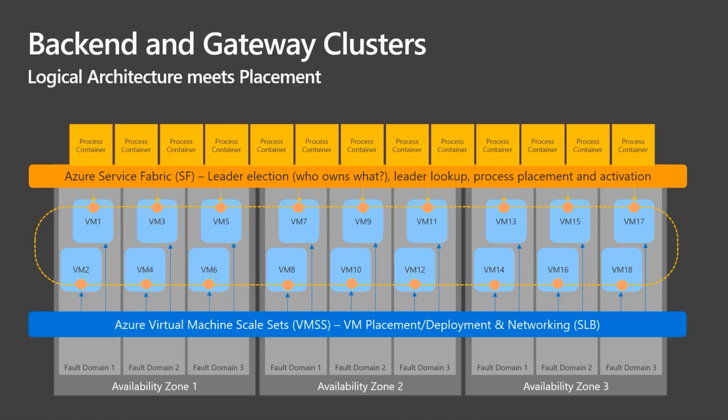Here's how this looks. Across availability zones, we make a deployment with Azure Virtual Machine Scale Sets. That is already aware of these constraints. So that knows about availability zones, that knows about fault domains, and it places our VMs.